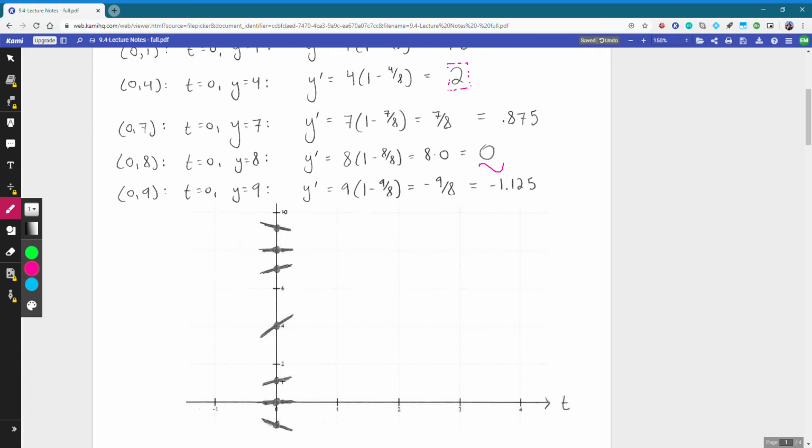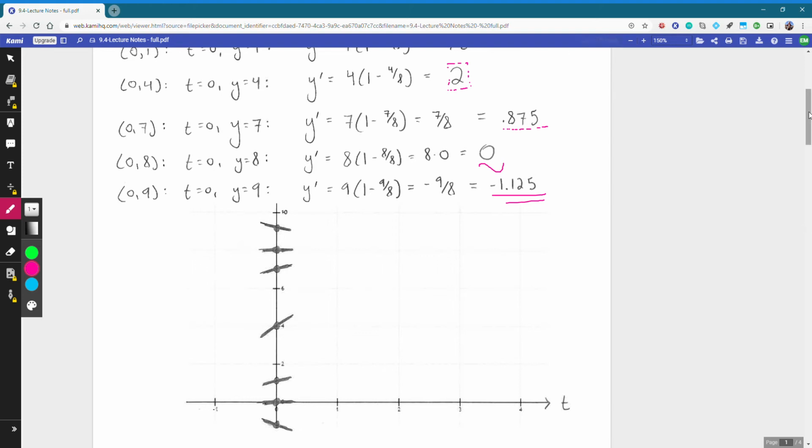At 7 and at 1, we had this slope of 0.875, so I just tried to draw that positive, but a little bit more mellow than the slope that we had at 4. And then at negative 1 and at 9, we saw this negative slope, negative 9/8. Again, just try to draw it negative. And so with those, we have the line segments sketched in at each of those 7 points.